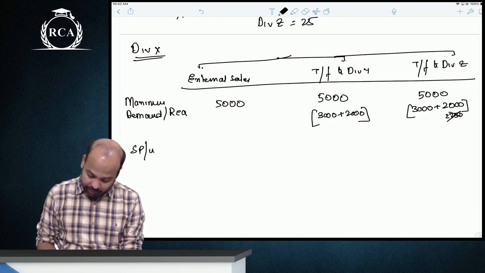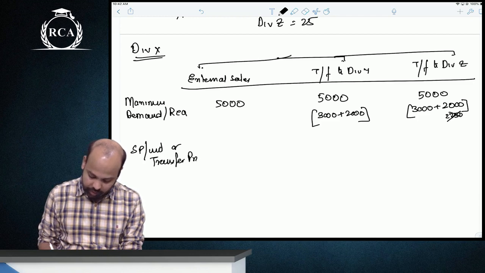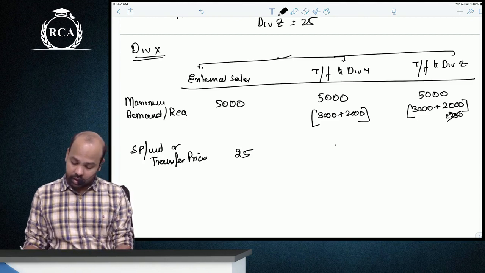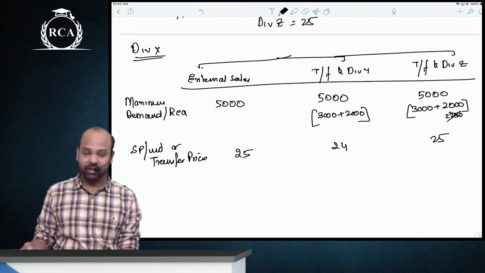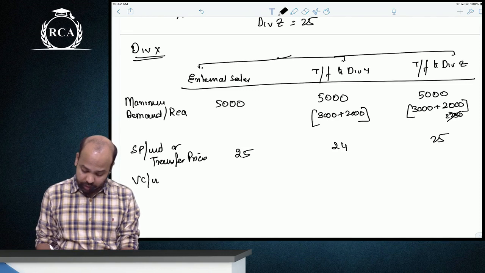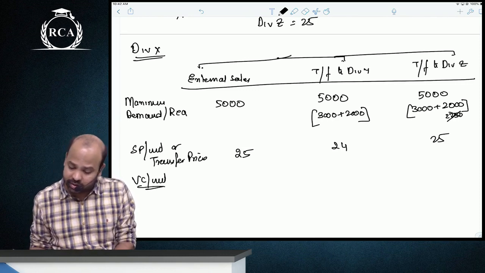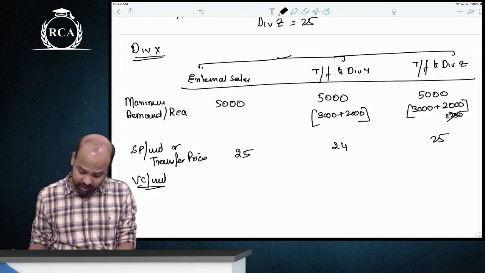The selling price per unit or transfer price, as far as external sales are concerned, is 25 rupees. Transfers to division Y 24, division Z 25 rupees. Your variable cost per unit, you can directly add all of them, but it is going to remain the same. There are no changes even if there are internal transfers.